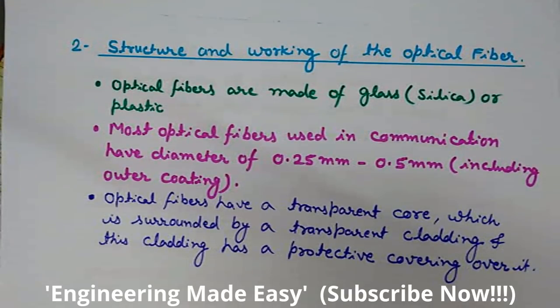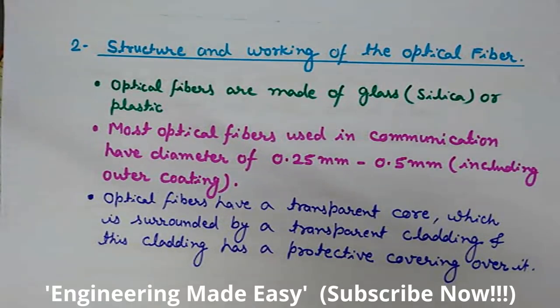Most optical fibers used in communication have a diameter of 0.25 mm to 0.5 mm, including the outer coating. Actually there are three layers in total. First one is the core, then the cladding, and the outer coating. So including that outer coating, its diameter is 0.25 to 0.5 mm.